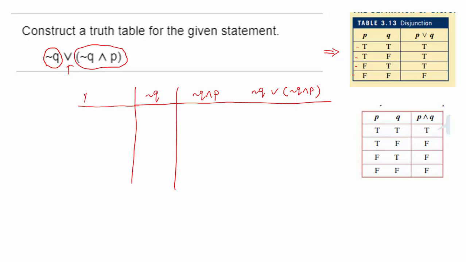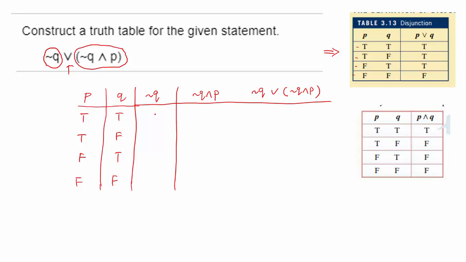We always start with P and Q. The possible combinations of the truth values of P and Q are true, true; true, false; false, true; and false, false. So these are the possible combinations of the simple statements P and Q.